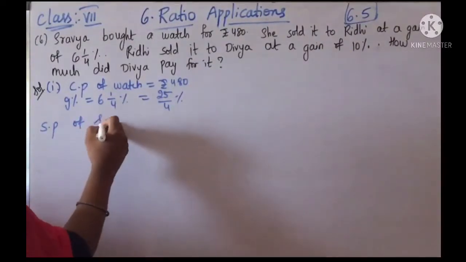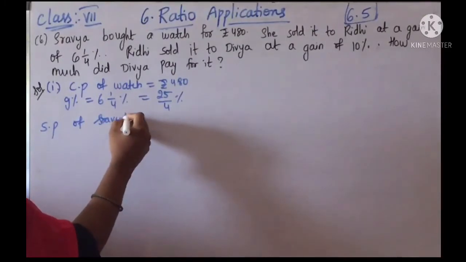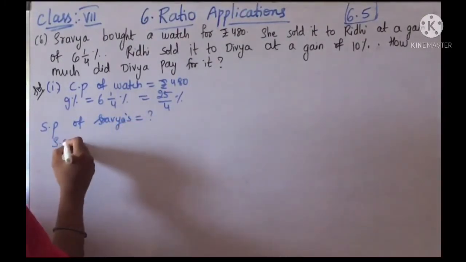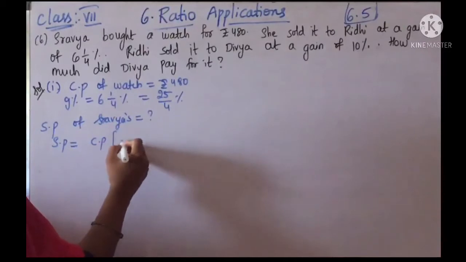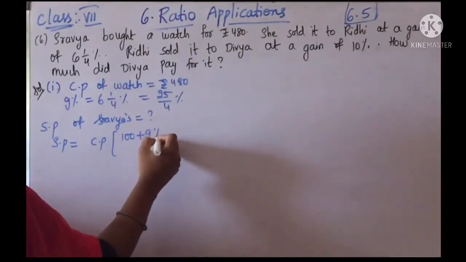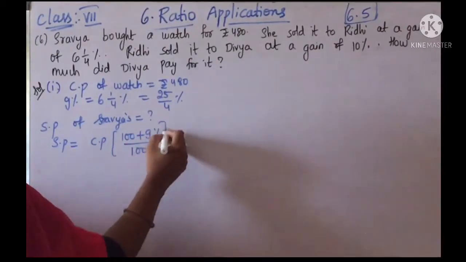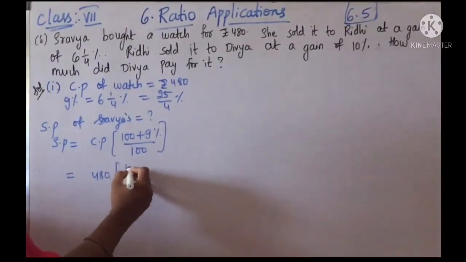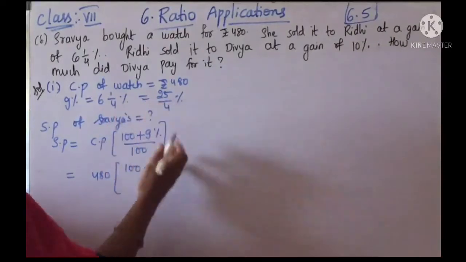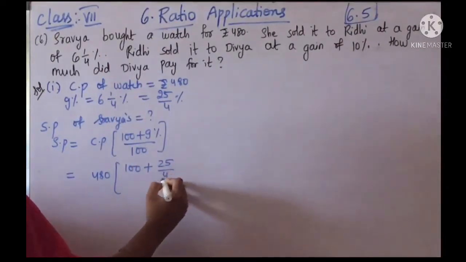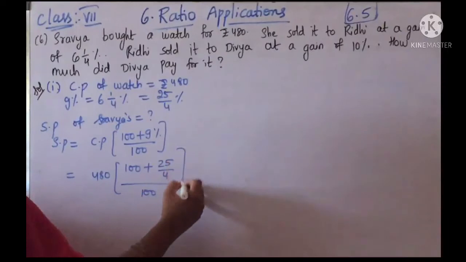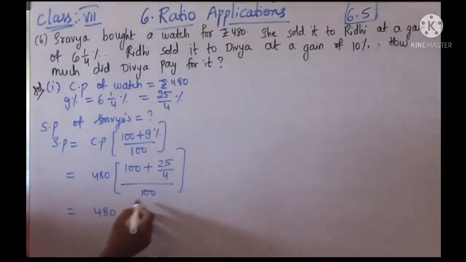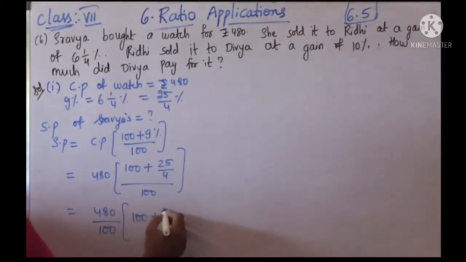So SP is nothing but CP into 100 plus gain percentage by 100. So what is the CP here? 480 into 100 plus, what is the gain percentage here? 25/4 by 100. Here you can take this denominator 4 to here, 480 by 100. So finally you will get 100 plus 25/4.